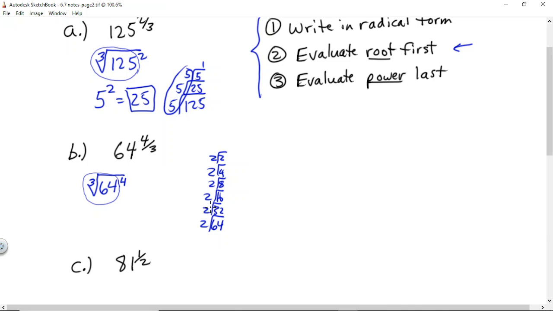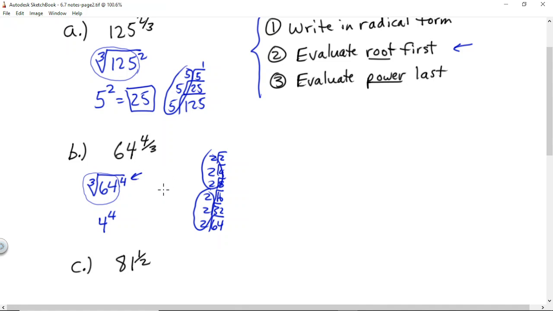Okay, we're taking the third root. Our index is 3, so we find groups of 3. So we have 2 of those groups. So 2 times 2 is 4. Nothing left in the radical. So we get 4, and remember, now we raise that to the 4th power. Why the 4th power?